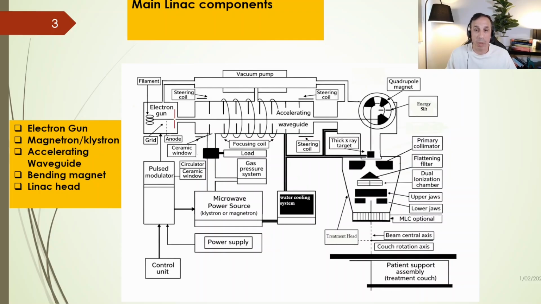This is very important when we prescribe based on the monitor unit and amount of radiation. It should start and stop and deliver the same amount of radiation to the patient, and it is done by this part, the control unit.